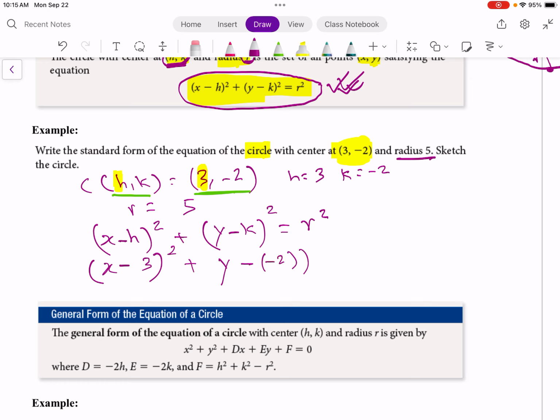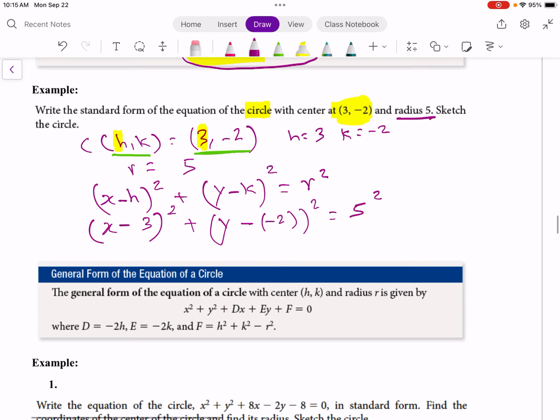Make sure to have parentheses. Squared equals r squared. Our r is 5 and we have a square. Now let's simplify this. We have (x minus 3) squared plus (y plus 2) squared equals 5 squared, which is 25. And this is the equation of the circle.